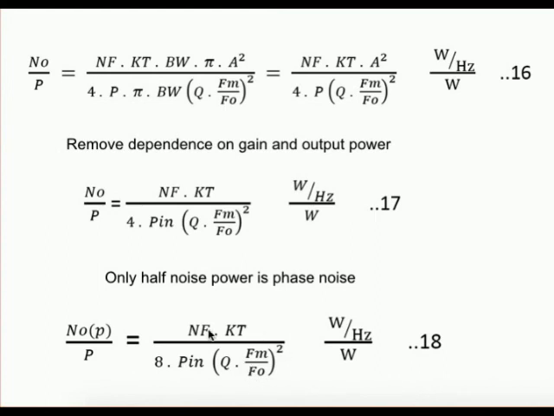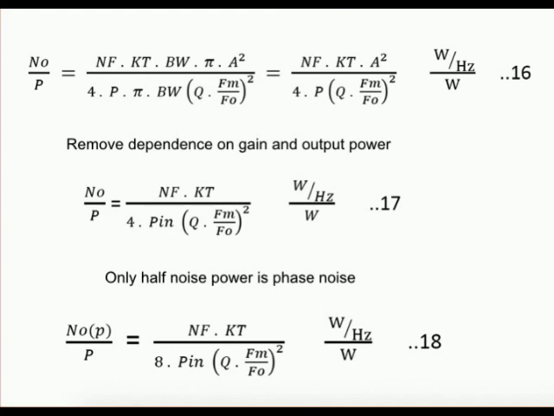So if you plug the variables into here for a specific offset frequency, this here is the phase noise that's predicted. And the units, of course, it's normally presented logarithmically, but here we haven't taken the log of this, so this is watts per hertz on the top and watts on the bottom. So I hope that makes sense.